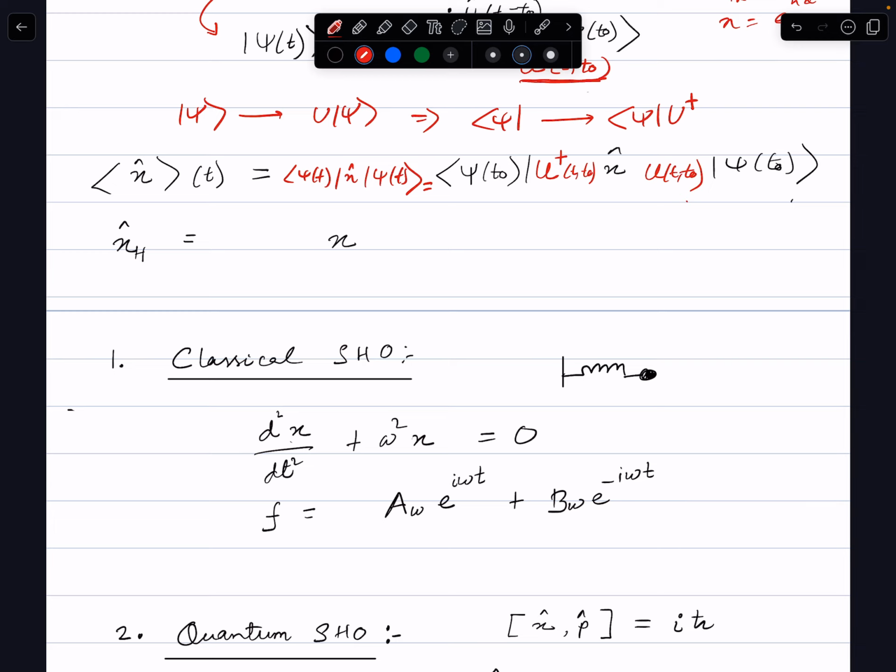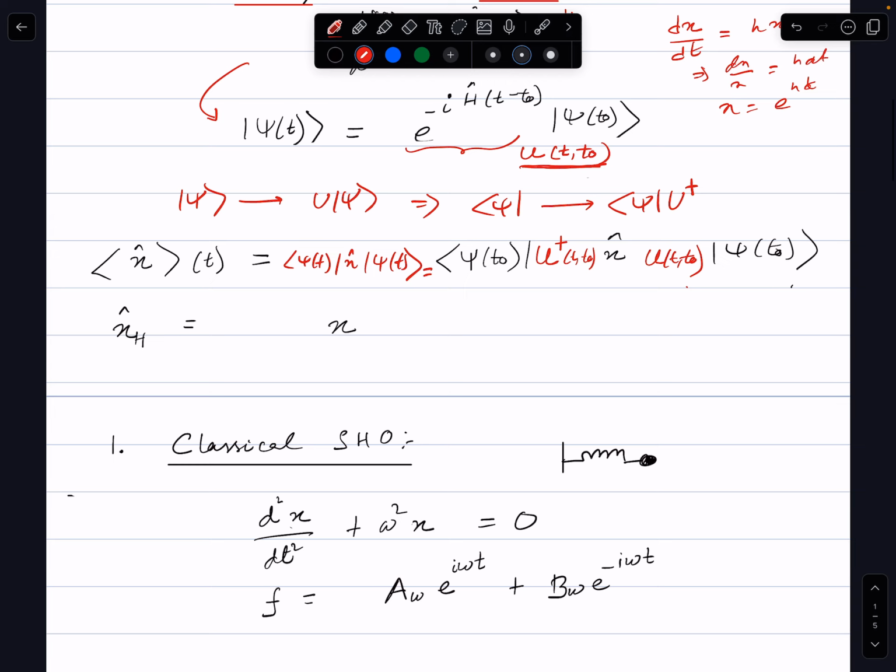So this is the Schrodinger picture, and the other picture is the Heisenberg picture, where we say that the state does not change with time at all. It is the operator X which changes with time. So here the state psi does not change.